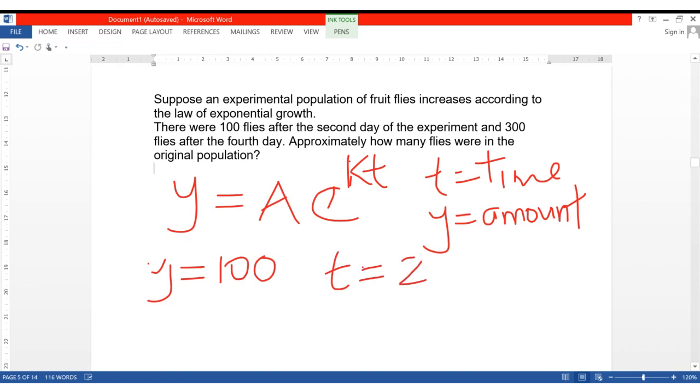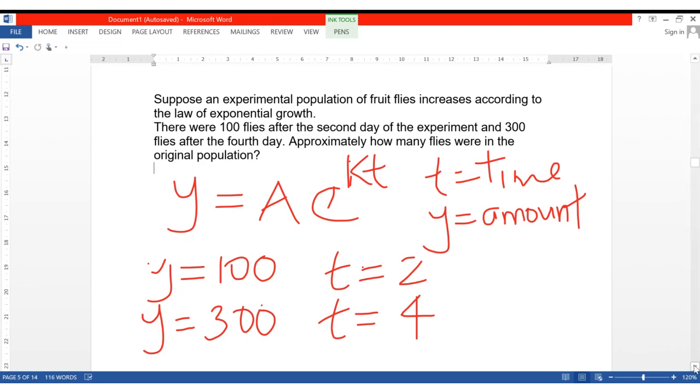Then we have another condition: y equals 300 after 4 days. So we have those two conditions. The conditions are basically to assist us to get the value of a and k. If you solve for the value of a and k, then you are done with the equation. It is easy as that.